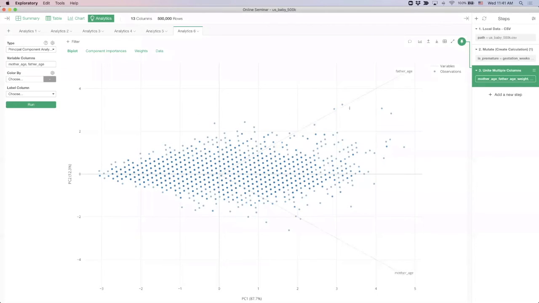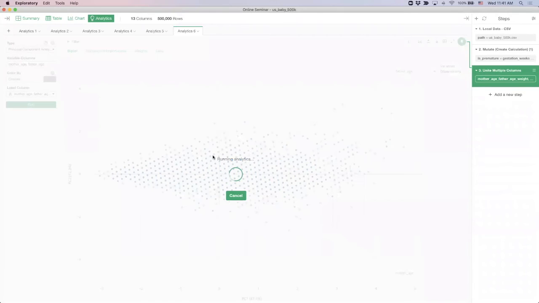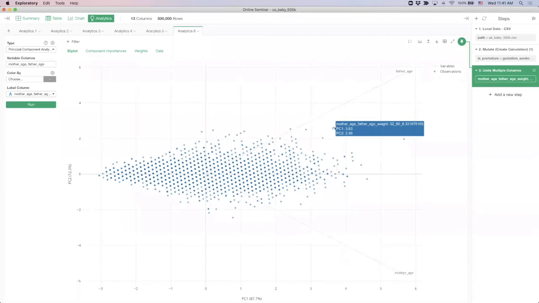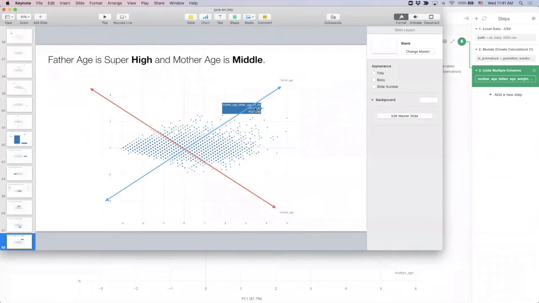So let's pick, for example, something like this. I'm going to assign this column, and let's take a look at the one we're looking at here. I also brought in a weight, but the focus is on 32 and 60. 32 is the mother age and 60 is the father age.